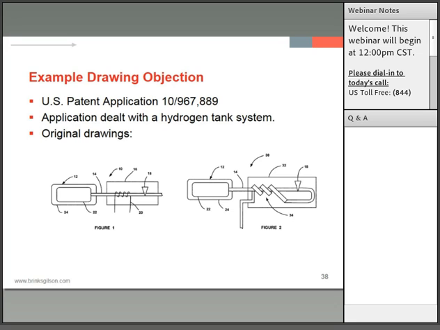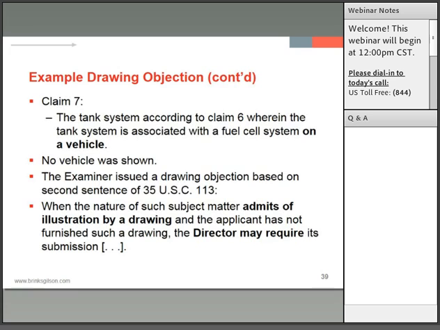And in this regard, one of the representative claims at issue is Claim 7, where it says the tank system according to Claim 6, wherein the tank system is associated with a fuel cell on a vehicle. Well, the fuel cell is not in the drawings, and the vehicle is not in the drawings.